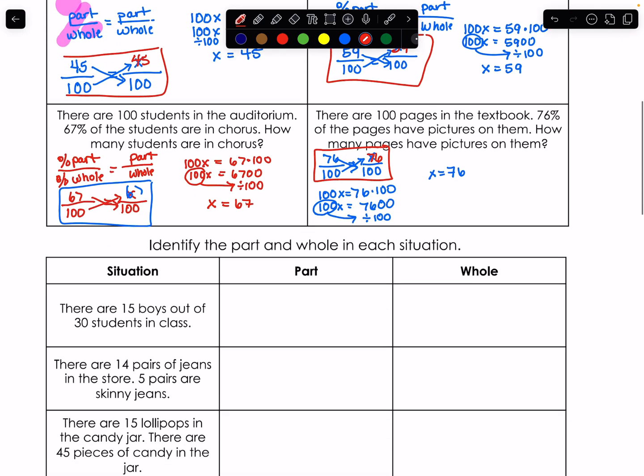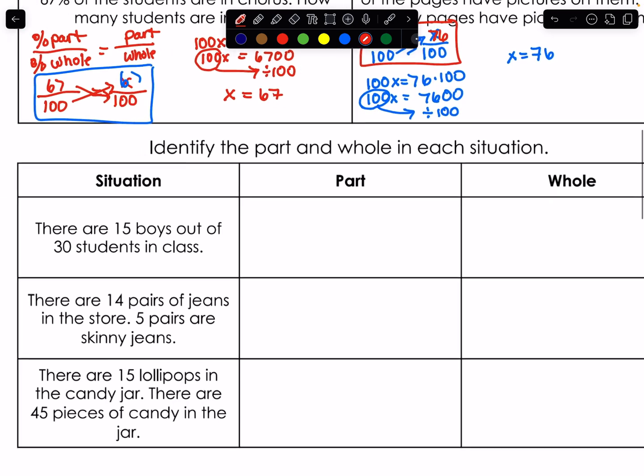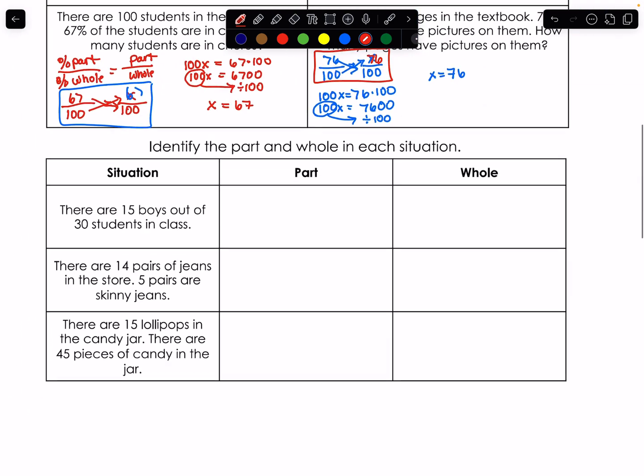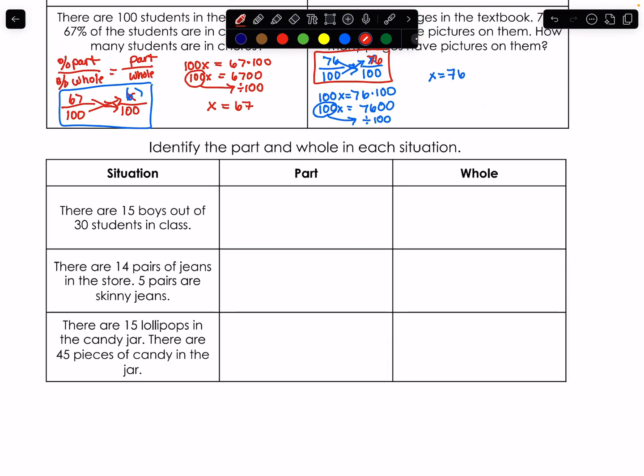Now, at the bottom, they have finally started doing it so that we identify the part and the whole in each situation. So we need to think about the fact that the total class is our whole. So we're going to put that there. We're going to put the part, which is 15 boys.